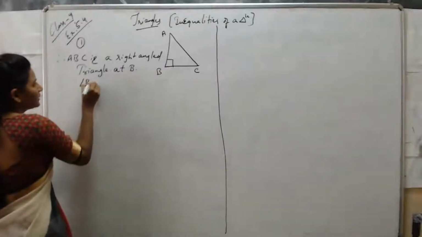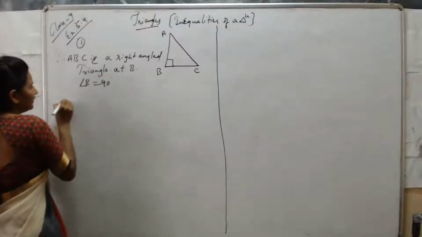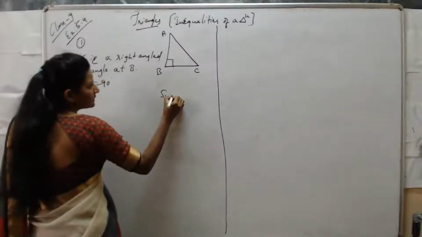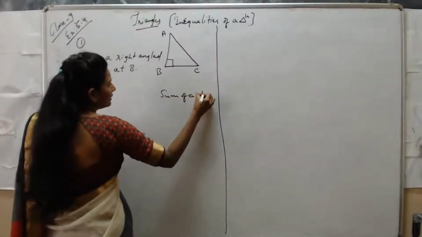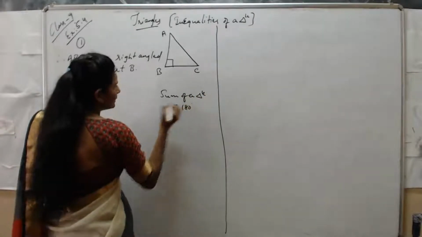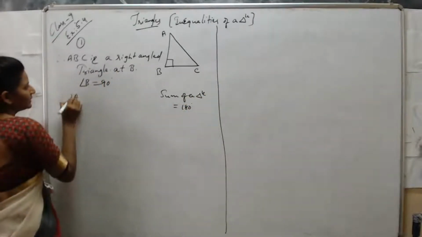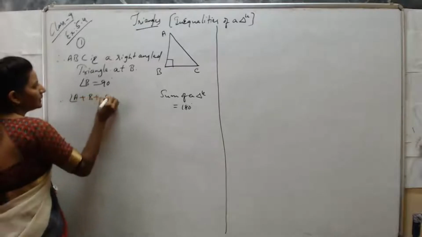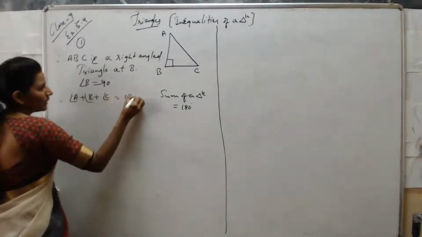Therefore, angle B is equal to 90 degrees. We know that the sum of the angles of a triangle is equal to 180 degrees. 180 degrees means A plus B plus C is equal to 180 degrees.